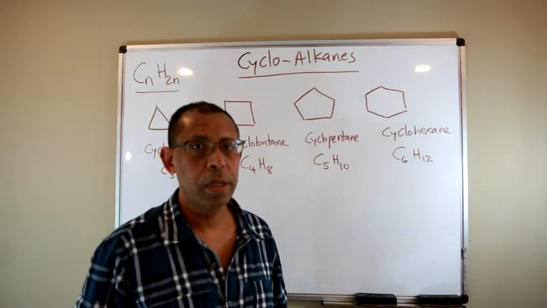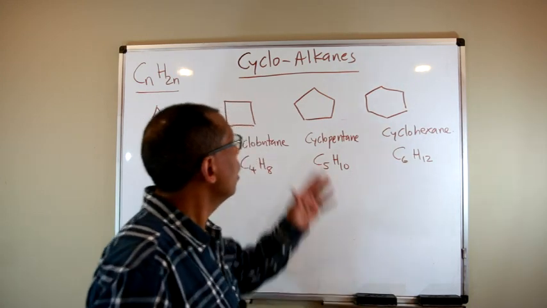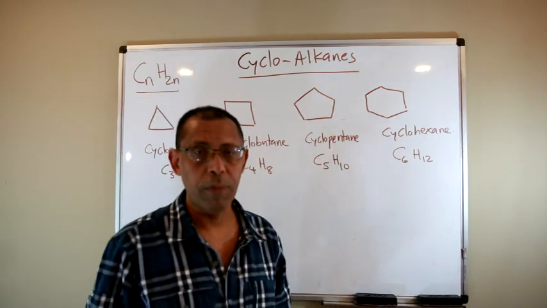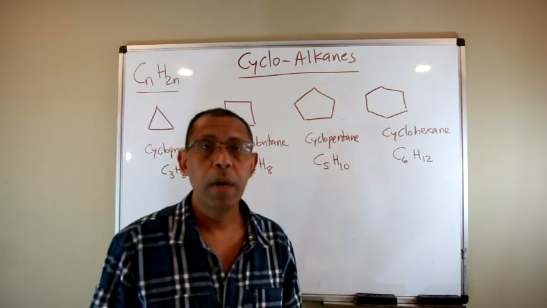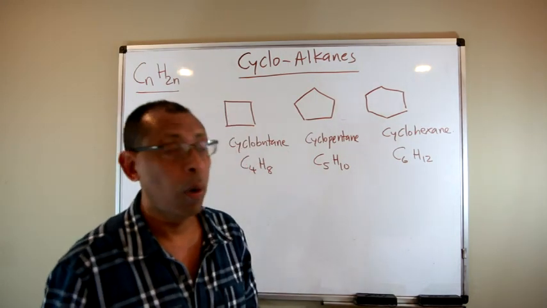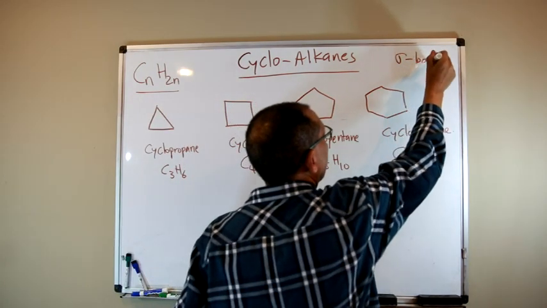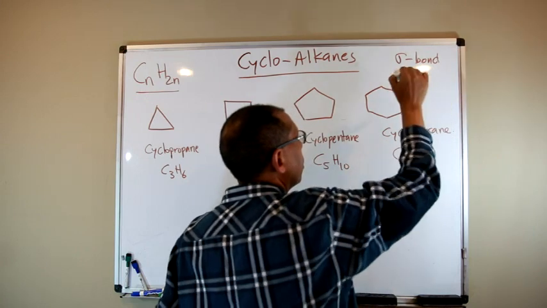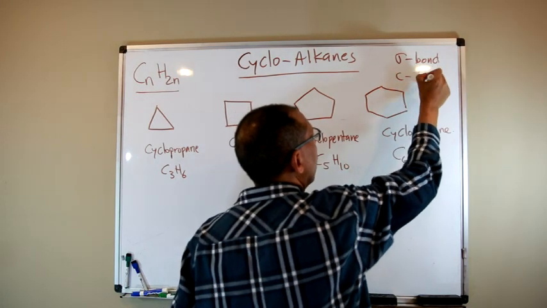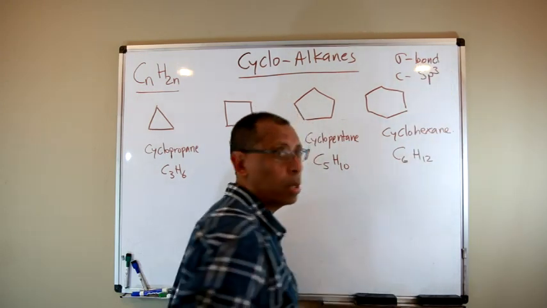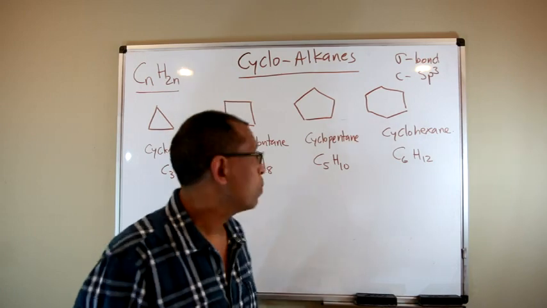They are in cyclic form, but not very different in terms of the type of bond. Again, I will repeat, they have carbon-hydrogen and carbon-carbon sigma bonds, and all carbons are sp3 hybridized, the same as the straight-chain ones.